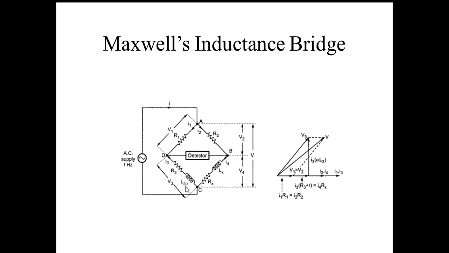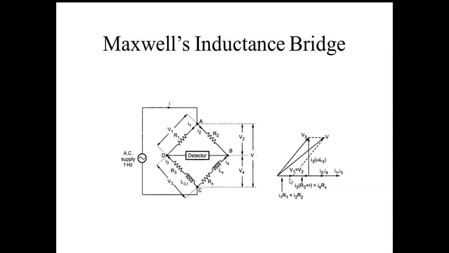This inductor is having some internal resistance, which is nothing but a small r. So R3 total equivalent would become R3 plus small r. So this into I3 would equal I4 into Rx, right? Both of them are in the direction of I, right?